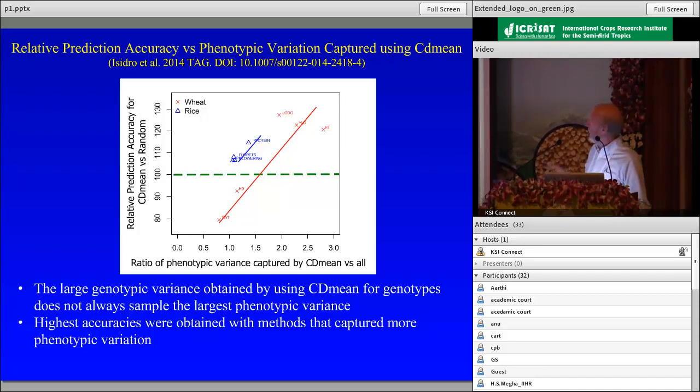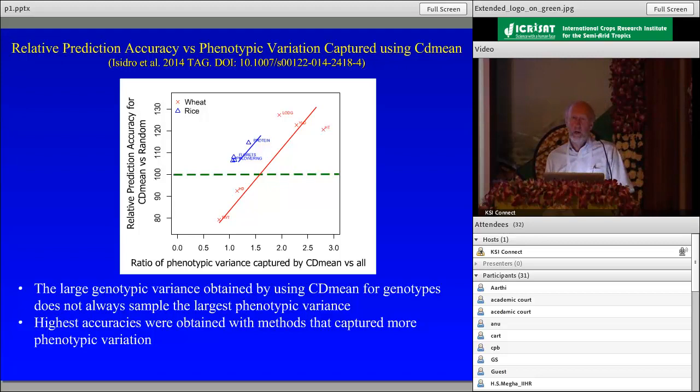We saw the same kind of a pattern in the rice data set, but the differences weren't as extreme. So it's important to remember that you might have to explore different algorithms to be able to capture as much of that phenotypic variation as possible to maximize your accuracy.